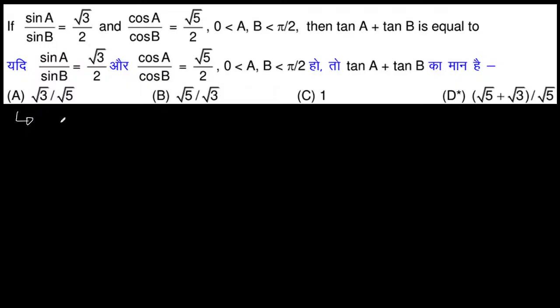Sin A by sin B is equal to root 3 by 2, cos A by cos B is equal to root 5 by 2.